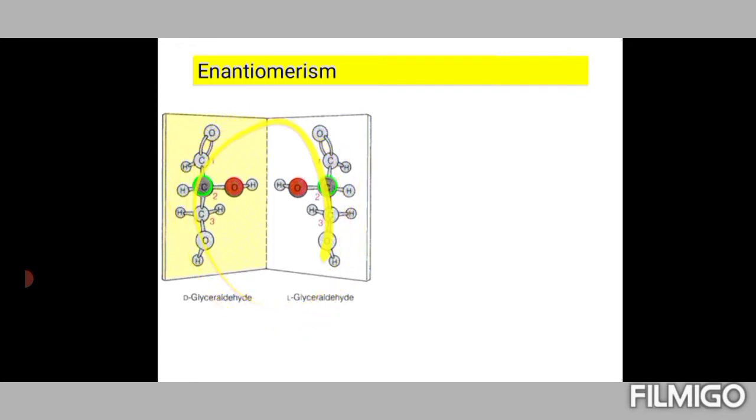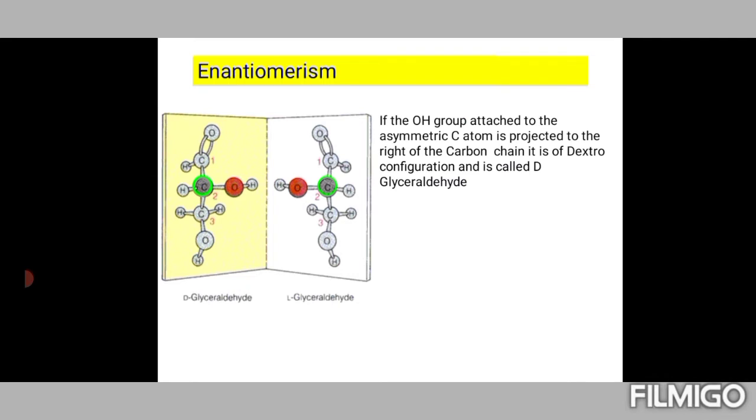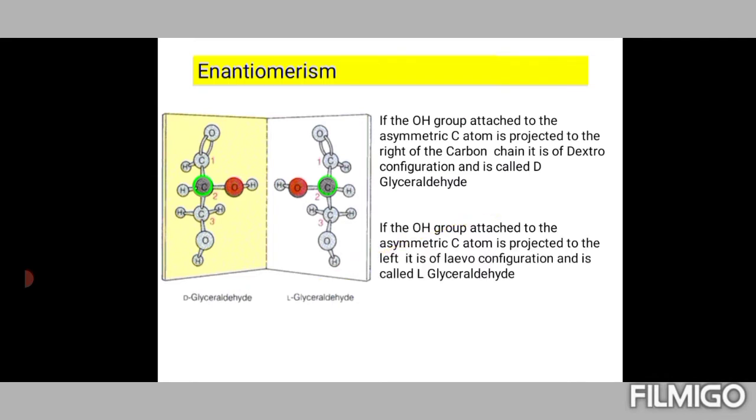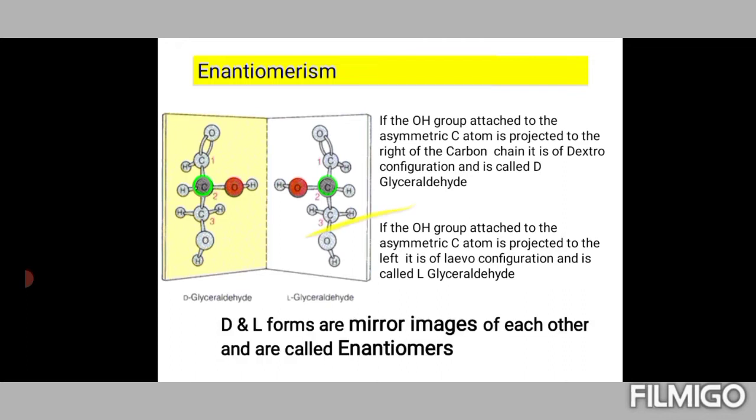So the basis of defining enantiomerism is that they should be mirror images of each other. Glyceraldehyde D and L are D and L isomers, and they are enantiomers also. They are not superimposable, but they are mirror images of each other.